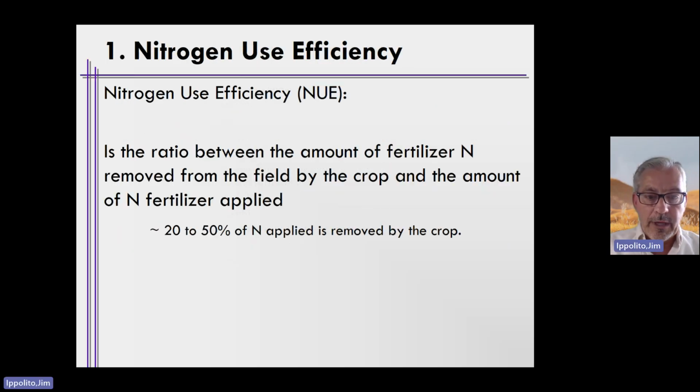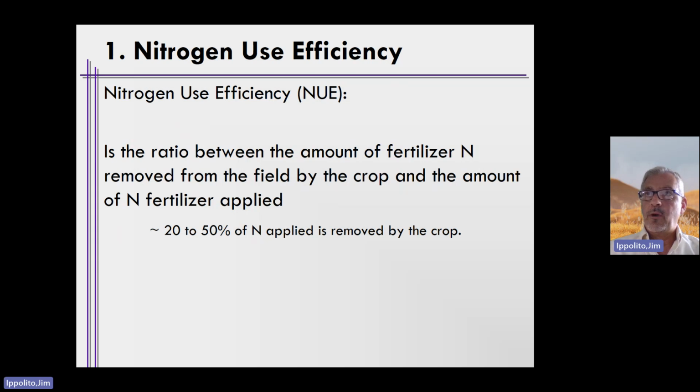The first learning objective for this unit is focused on nitrogen use efficiency. And the definition of nitrogen use efficiency is simply the ratio between the amount of fertilizer nitrogen removed from the field by a crop as compared to the amount of nitrogen fertilizer applied.